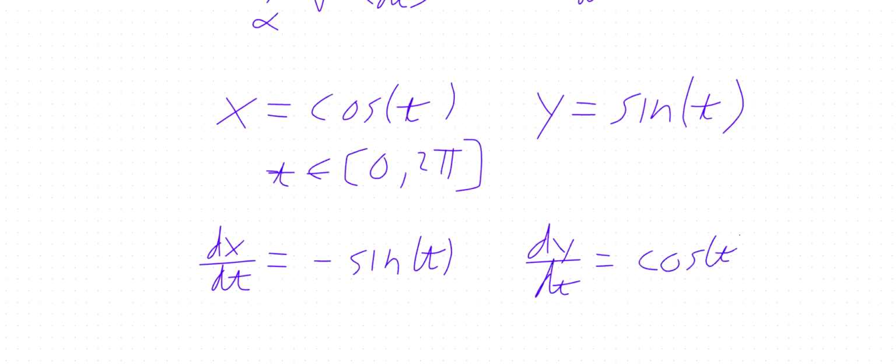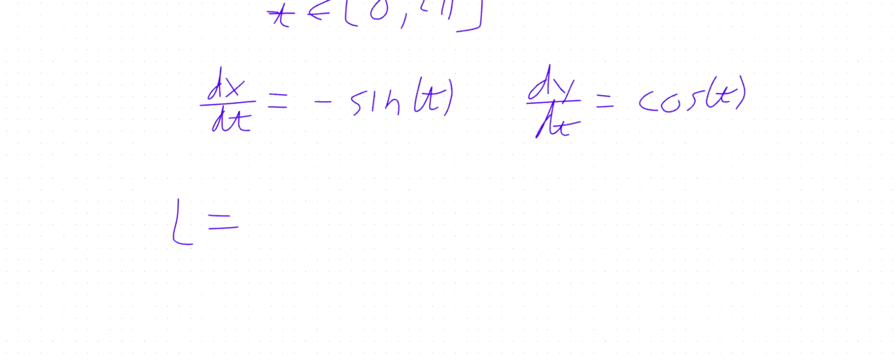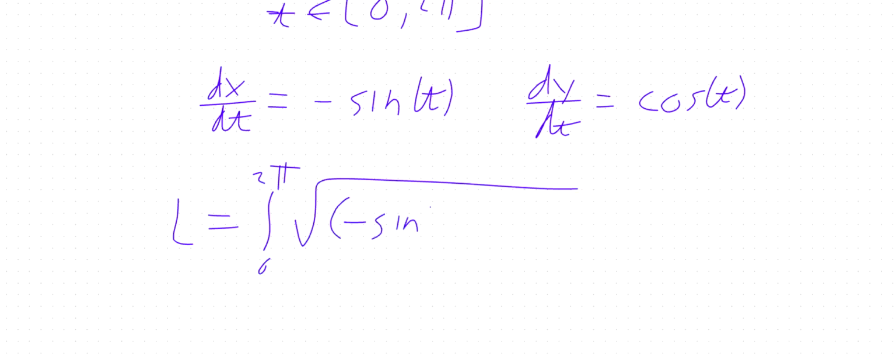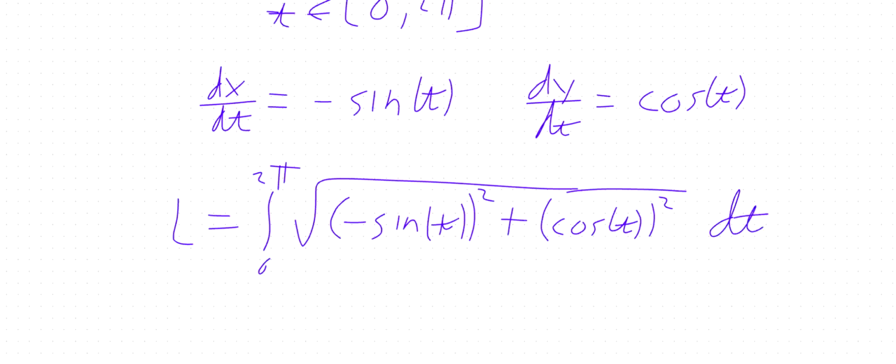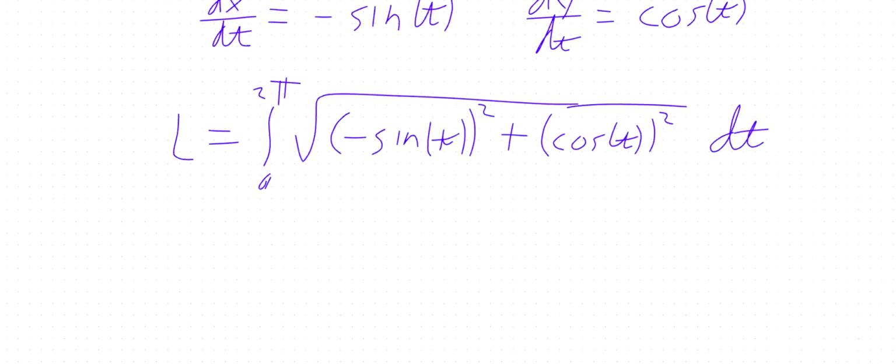So if we want the arc length from going 0 to 2 pi, it's going to be the square root of our x derivative squared plus our y derivative squared, dt. Make my 0 look like a 0.